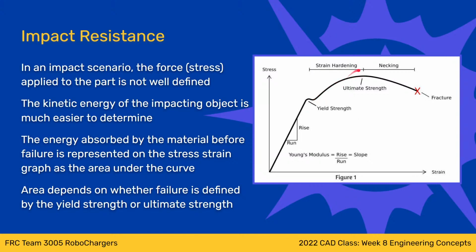The area under this part of the graph also matters, right? Depending on what stress level we achieved, we can draw a line anywhere on this curve, and we can draw a line down, and the area under this curve will represent the amount of energy absorbed.